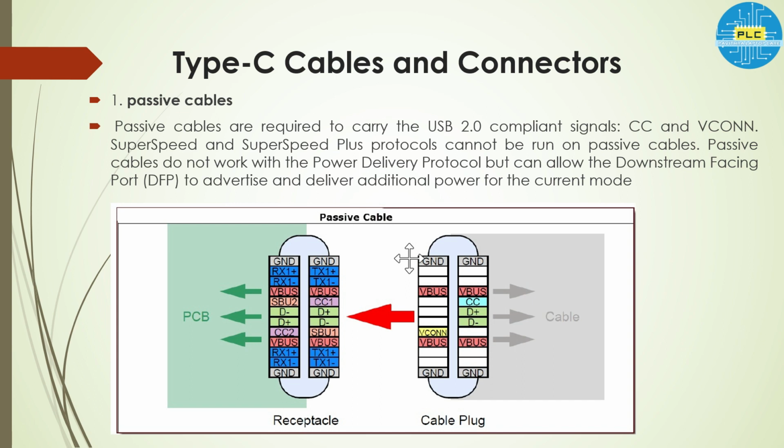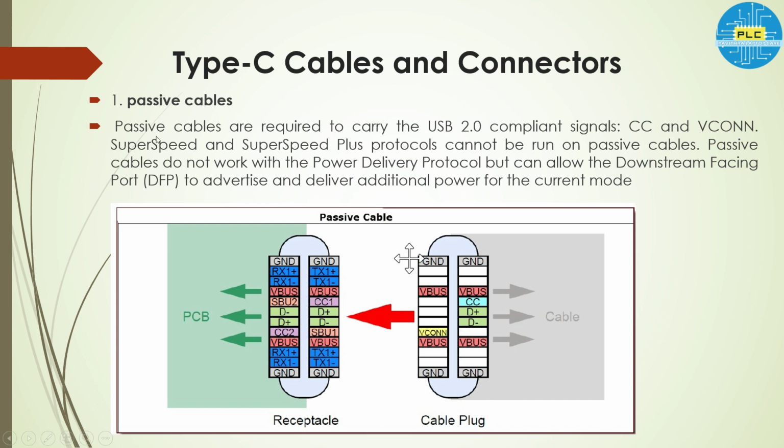Whatever function those do, this will also do, but one major advantage is that you can connect it reversibly. Please note down, it's nothing but a USB. It has all the functions, but depending on the functions, the cable will differ.